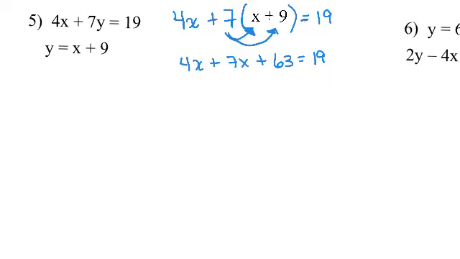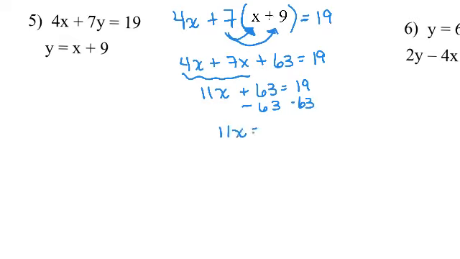Step 3 is to combine like terms. 11x plus 63 equals 19. Subtract 63 from both sides equals negative 44.